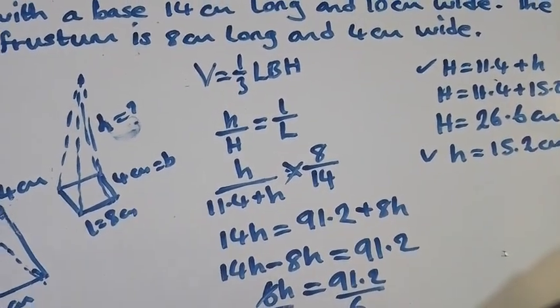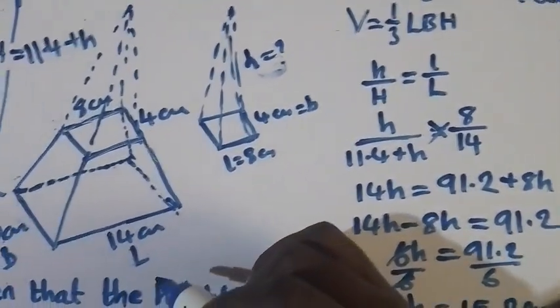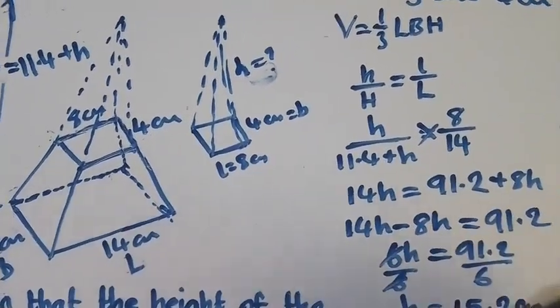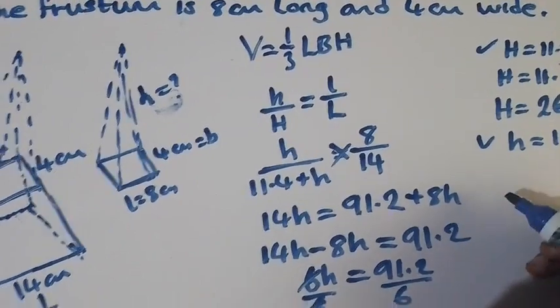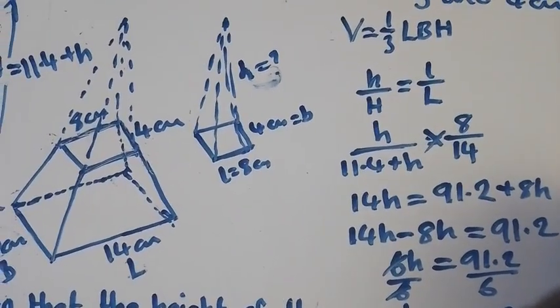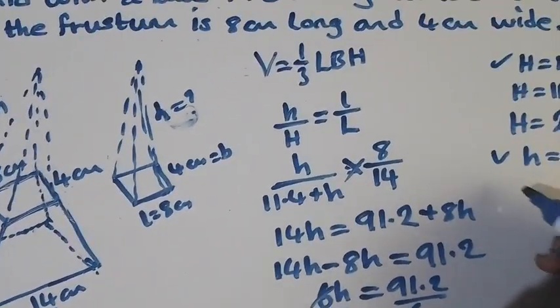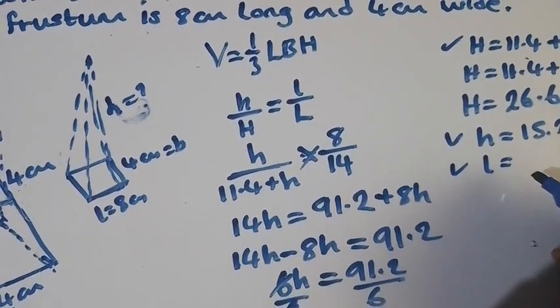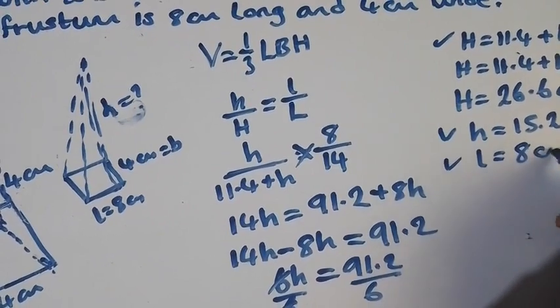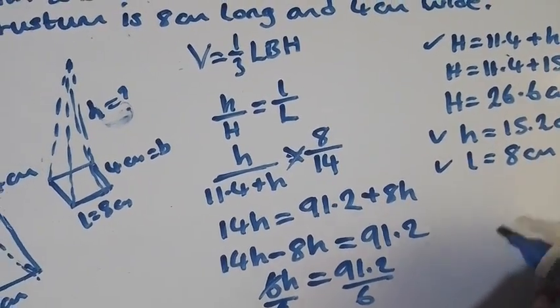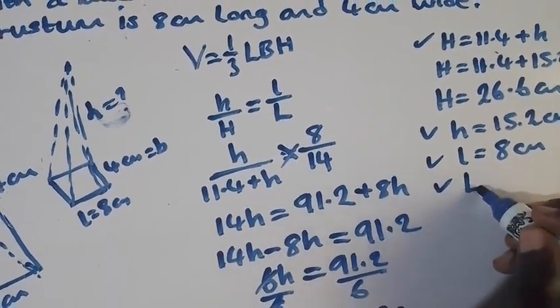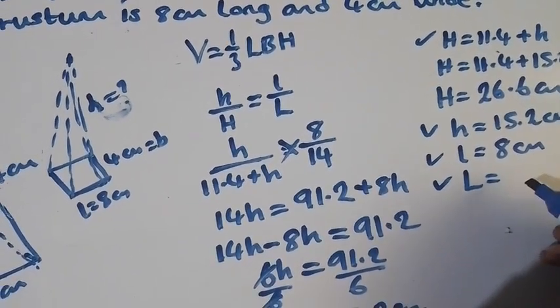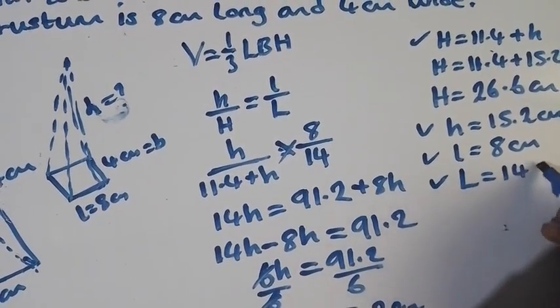Okay, so from there we need to collect data in terms of L and B. Small letter l, we have 8 centimeters. Then capital letter L, we have 14 centimeters.